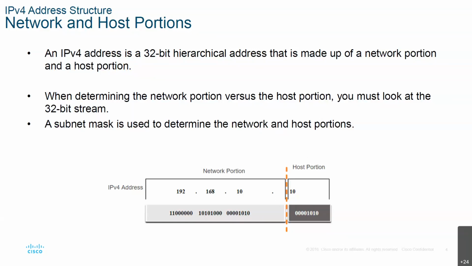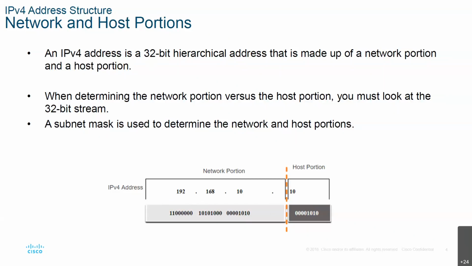So every IPv4 address consists of 32 bits. Okay, and these 32 bits are divided into 4 octets. Each octet, 8 bits. Combine all the 8 bits, 8 plus 8 plus 8 plus 8, you get 32. And these 32 bits of IPv4 address is divided into 2 portions, network portion and host portion.